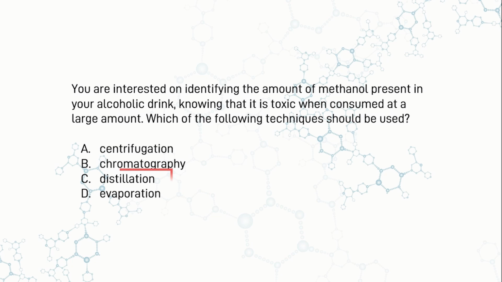The correct answer is letter C, distillation, because your alcoholic drink is a mixture of different substances with different volatilities. Methanol is very volatile such that it will vaporize first than the other components of your alcoholic drink.